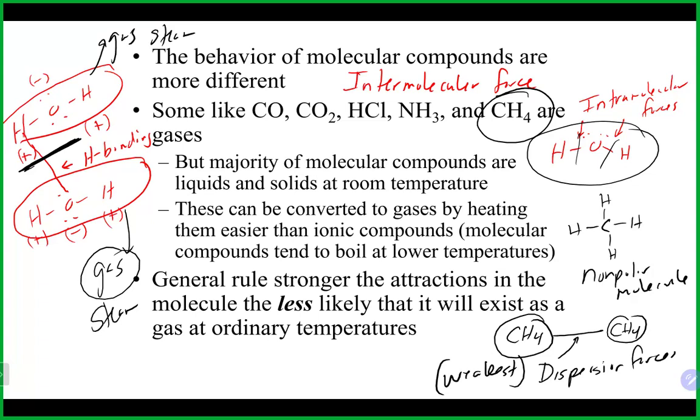And that's why something like methane, which is the gas that comes out when you light your Bunsen burner, comes out normally as a gas. That's because it's held together by super weak forces that are not going to hold themselves together very much. Hydrogen bonding is actually a relatively strong intermolecular force, but it's still breakable by just heating it up to 100 degrees Celsius, right? We're at the boiling point of water, and you could break that bond and get it to go into the gas phase.